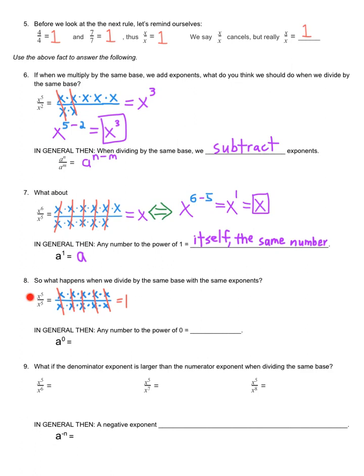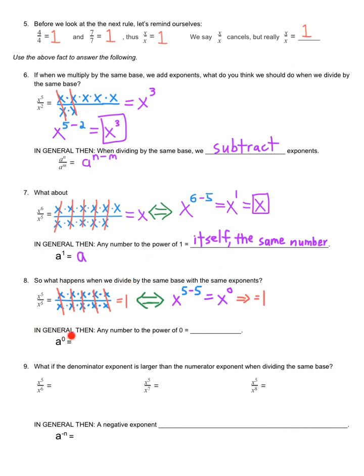Since I'm dividing by the same base, I can subtract the exponents as we saw on number 6. So let's use that same idea. So we have x to the power of 5 minus 5. 5 minus 5 is 0, so x to the power of 0. But since these are the same, this means that x to the power of 0 is 1.